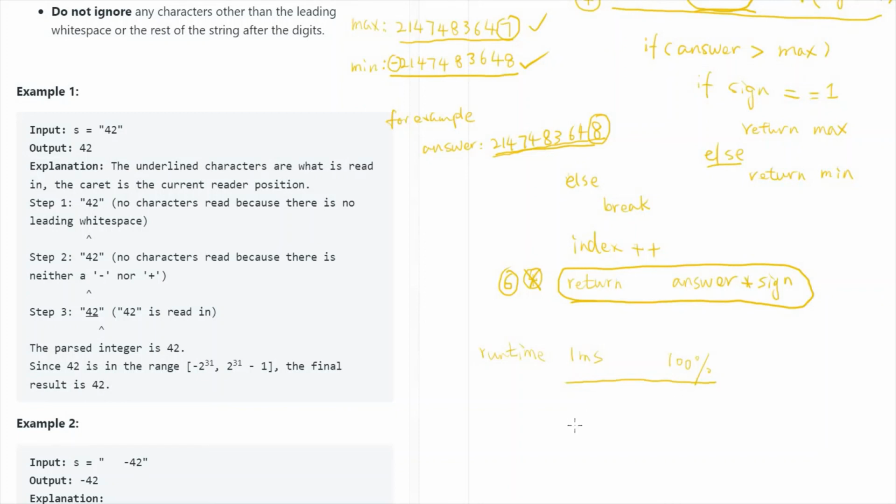And the first submission, we had a runtime 4 milliseconds. So there's not much we can do with our solution. The solution is very straightforward. In this problem, all the implementation we did is to take care of the requirements from number 1 to number 6.